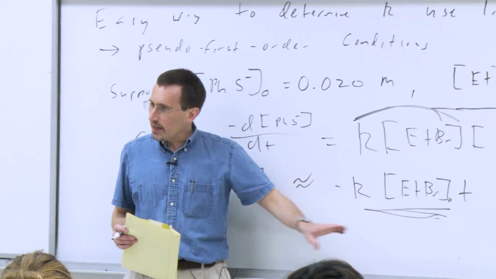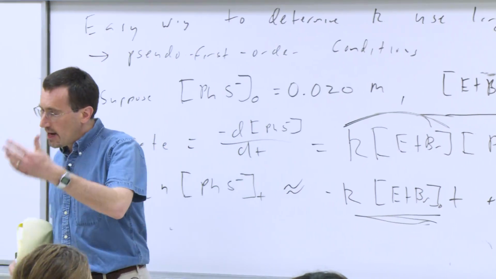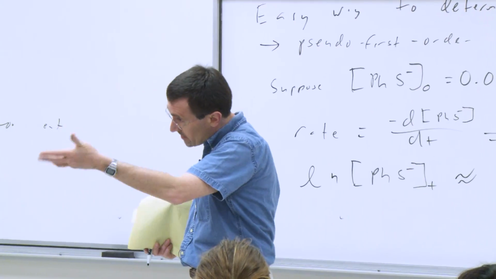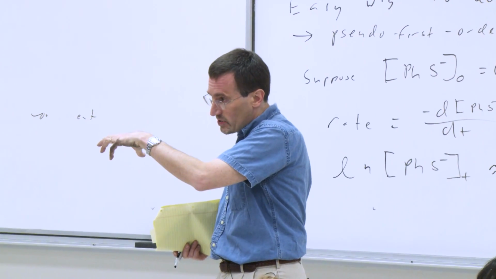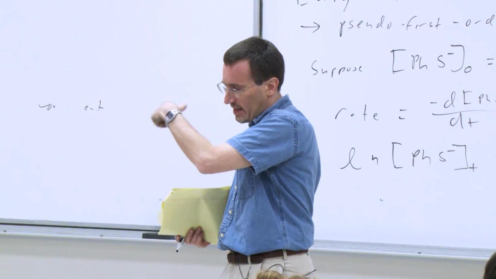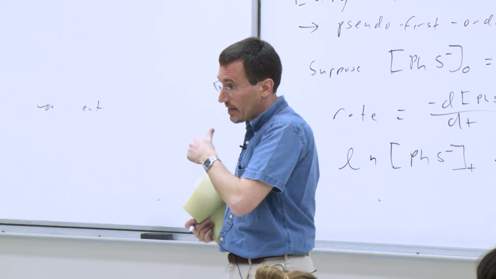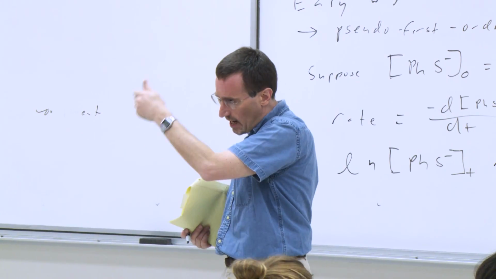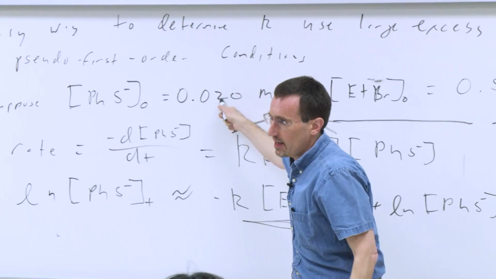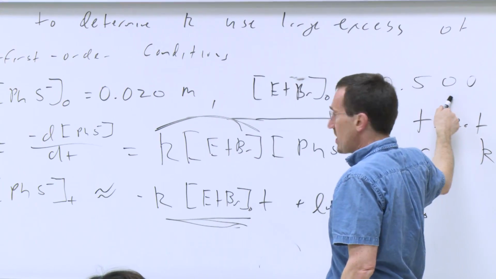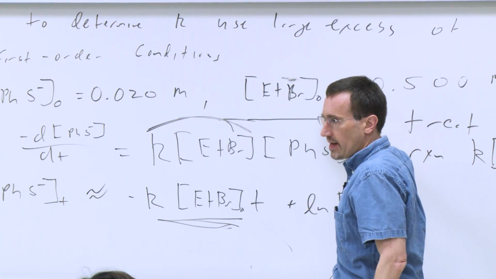So basically, over the course of the reaction, now at 10 minutes, let's assume we had the same rate. At time 0, we have 0.2 molar benzene thiolate and 0.5 molar ethyl bromide.